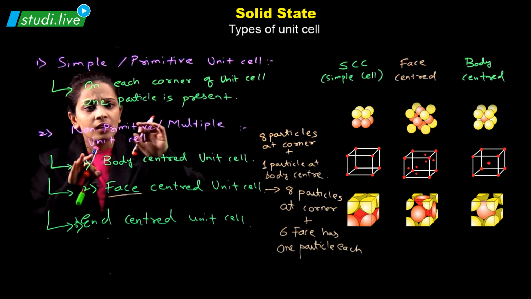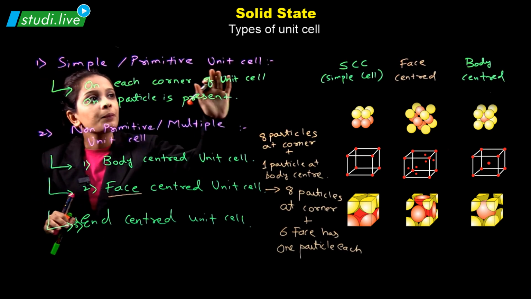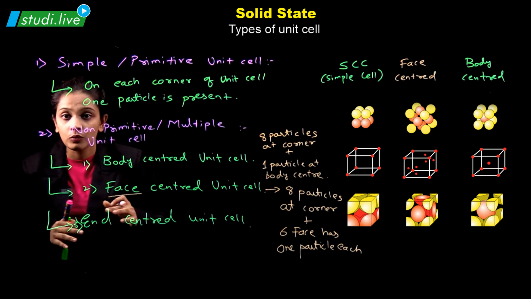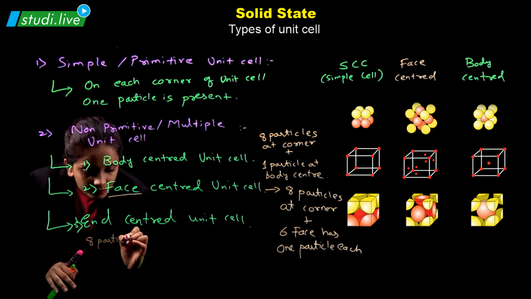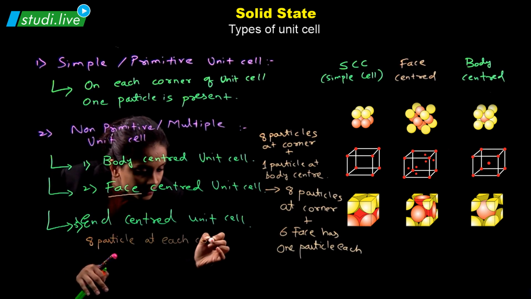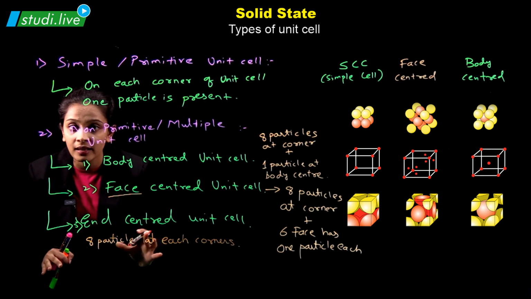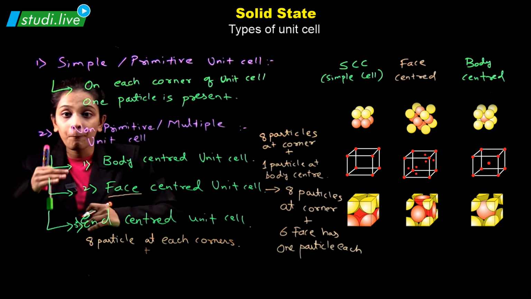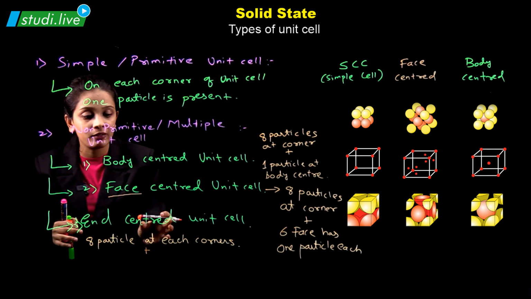As we had discussed, in the case of non-primitive multiple, the basic structure would be of the simple unit cell only, but end centered, apart from the unit cell, so 8 particles at each of the 8 corners, that we can say total 8 particles are there because we have 8 corners, and with that we can say 2 parallel faces are going to have the particles.